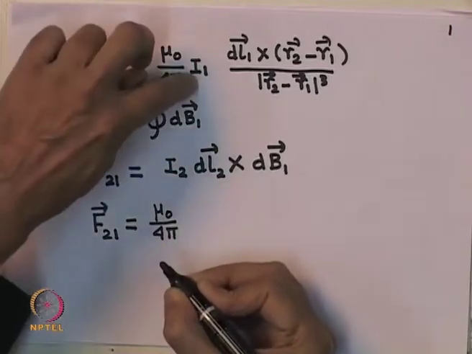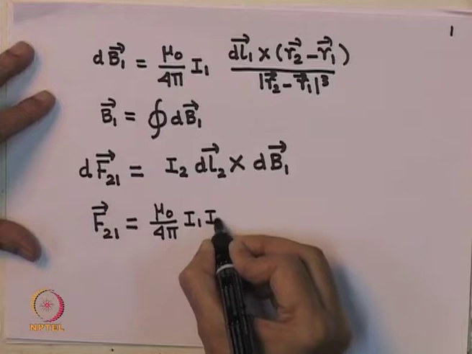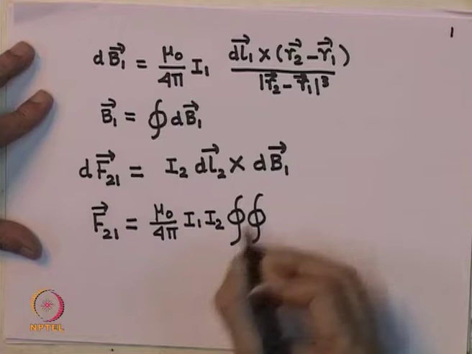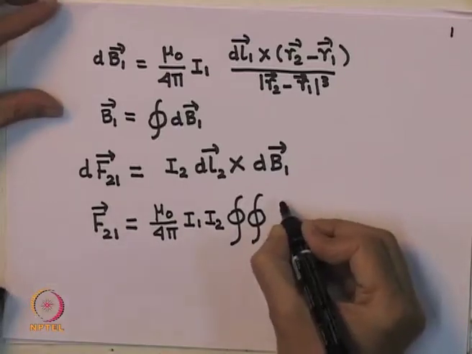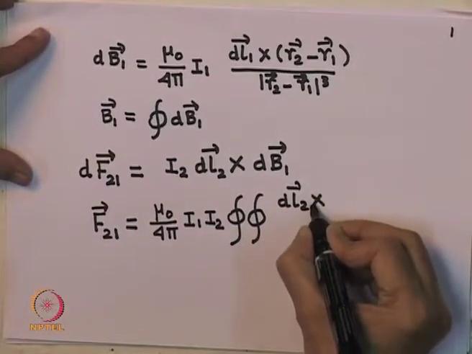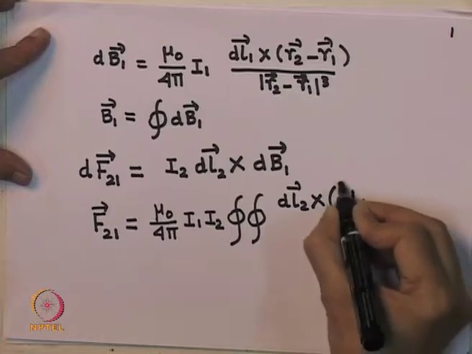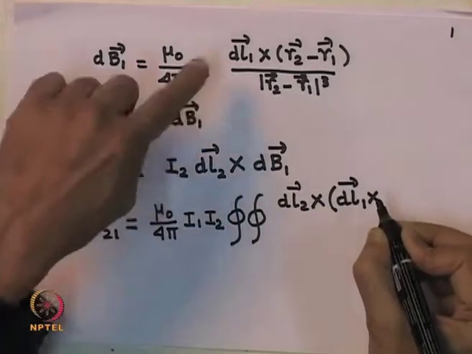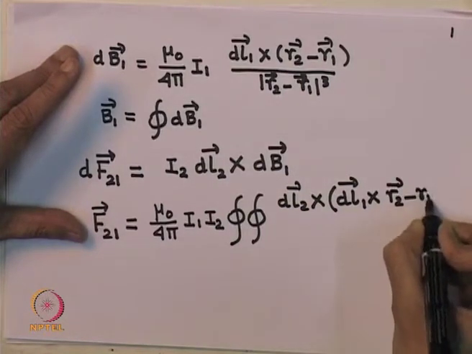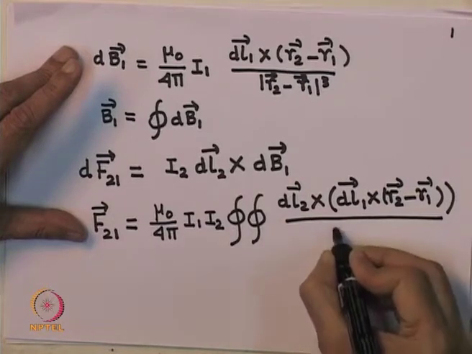I will get an I1 from here and an I2 from there, and a double integral. I get dL2, that is here, cross. Now, dL1 cross, I will now substitute this, which is R2 minus R1, divided by the cube of the magnitude of R2 minus R1.